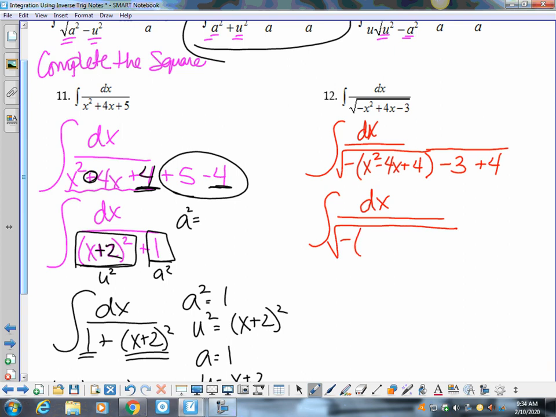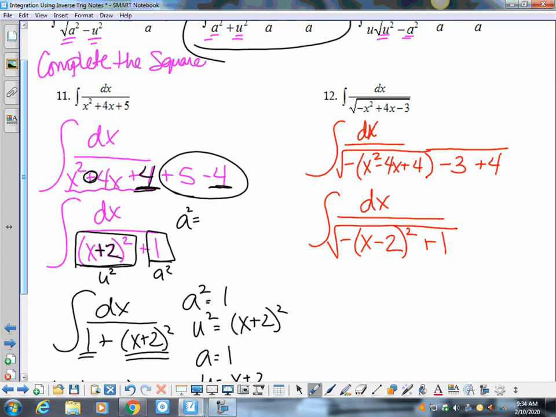Okay, what do we got? I want parentheses: (x minus 2) squared plus 1.